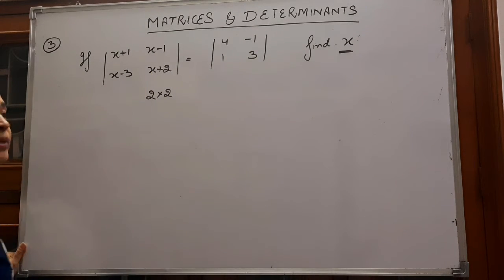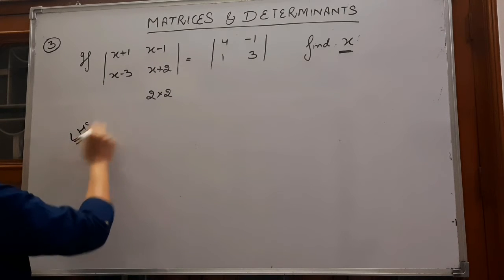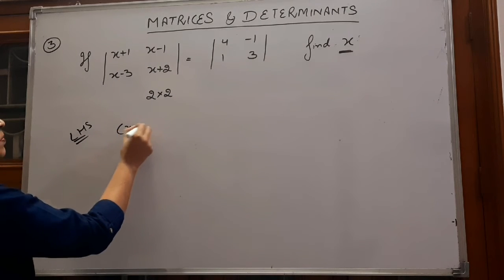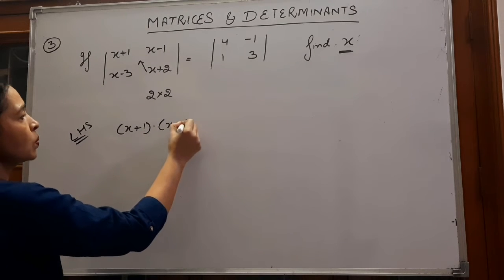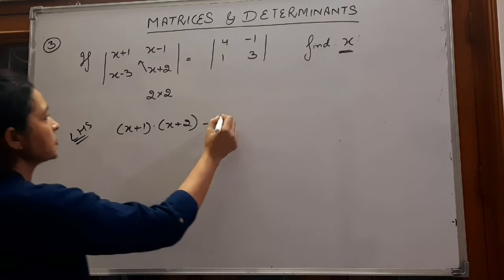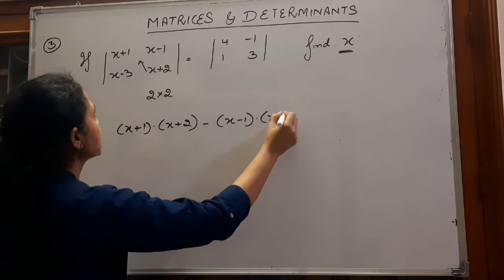First we will find the determinant of the left hand side. So in our left hand side we will have x plus 1 into x plus 2 minus x minus 1 into x minus 3.